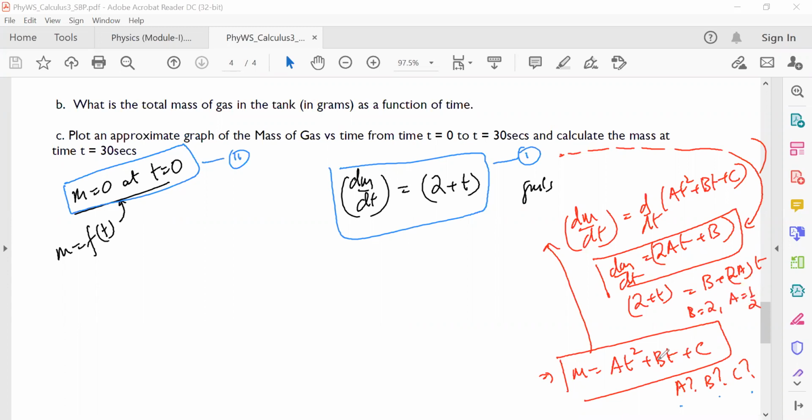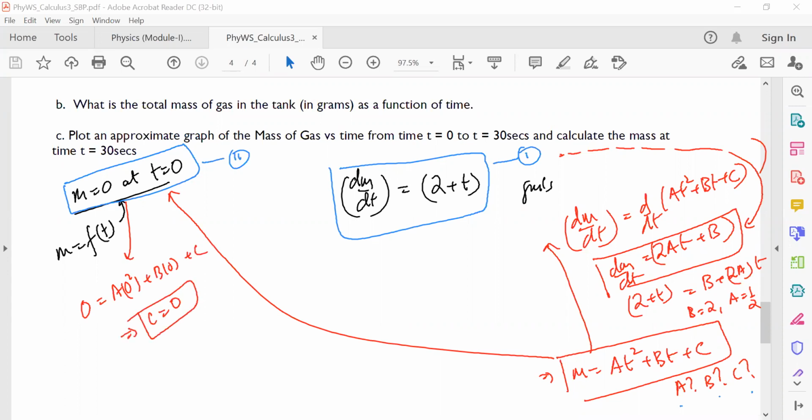And now what about c? Compare this equation with this thing here. So m is equal to 0 when t is equal to 0. That means c is equal to 0. So you've got a, b, and c, all three. From that, we now know that this mass as a function of time will become 1 by 2 times t square plus 2t.